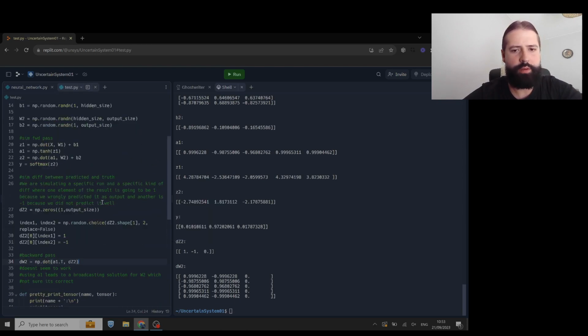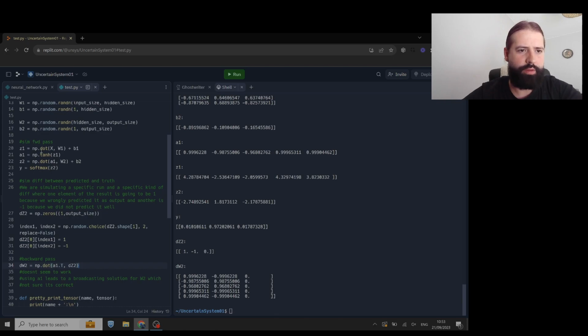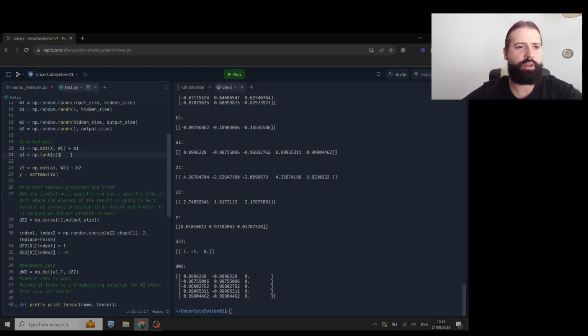But essentially, what we have is x times W1, and the result, ignoring the fact that there's an A1 in between, is just the result of this operation 1. Then the result of operation 1 is used with the second matrix to calculate Z2.